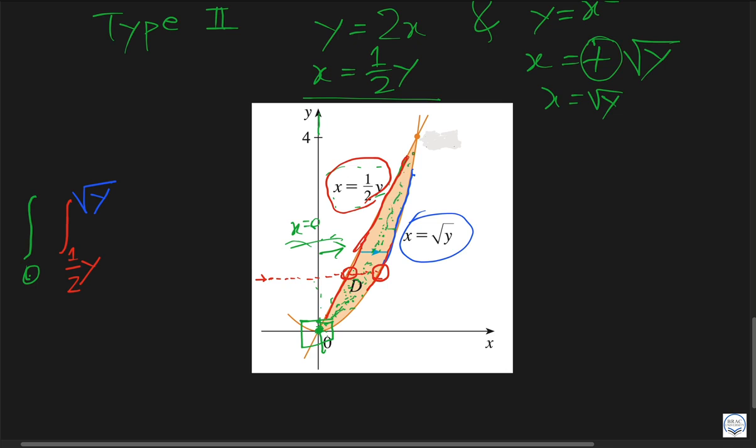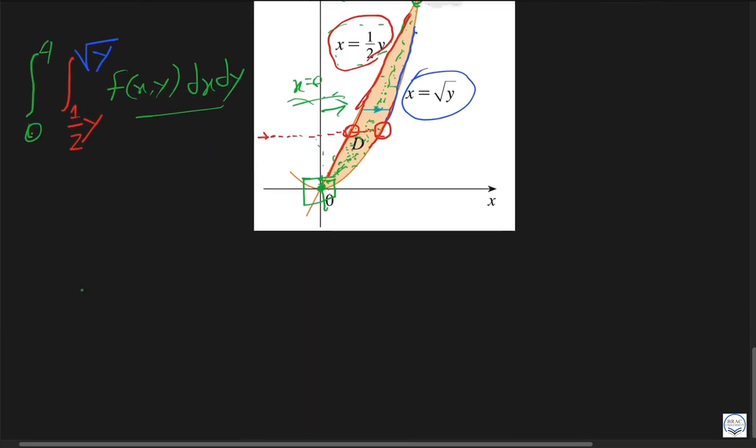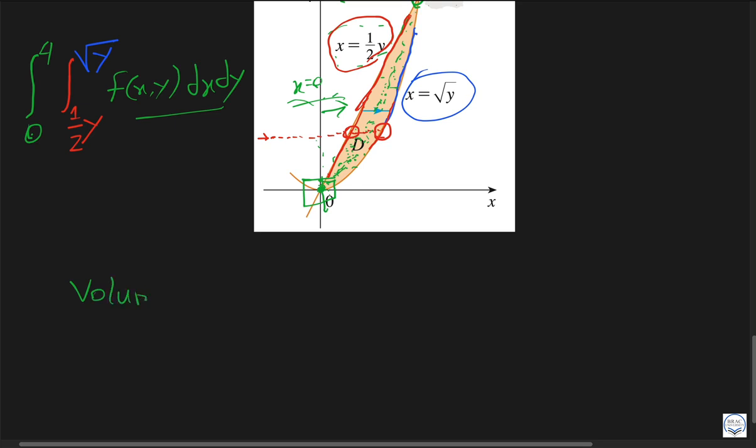So this is our smallest y value, which is at 0. As we move along, the topmost point is here, which is at y equals 4, and this is our limit written in a type 2 format.